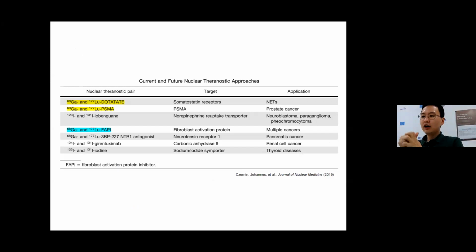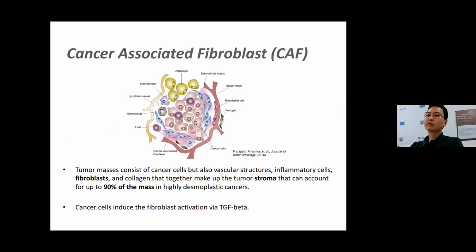So we have discussed lutetium DOTATATE and lutetium PSMA for neuroendocrine tumor and prostate cancer treatment. And I now would like to introduce a new future nuclear theranostic approach, which is the fibroblast activation protein.